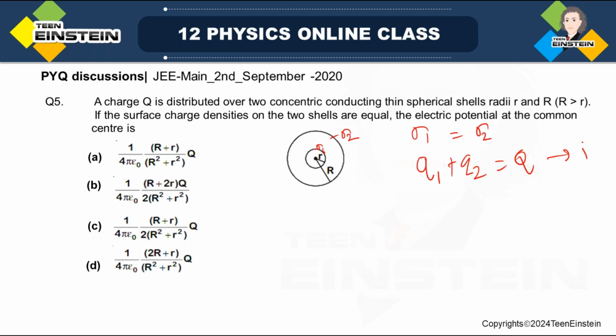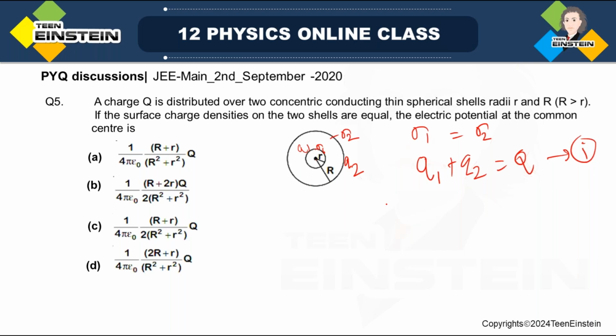Q1 is the charge distributed over the smaller shell, on the surface of this smaller radius, and Q2 is distributed outside.